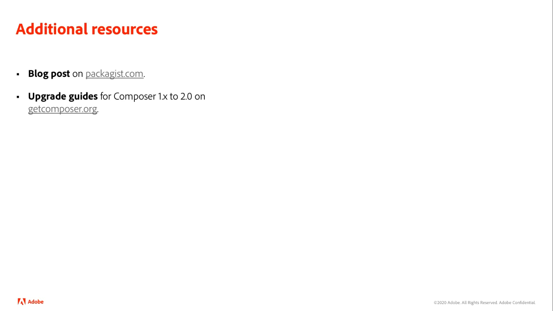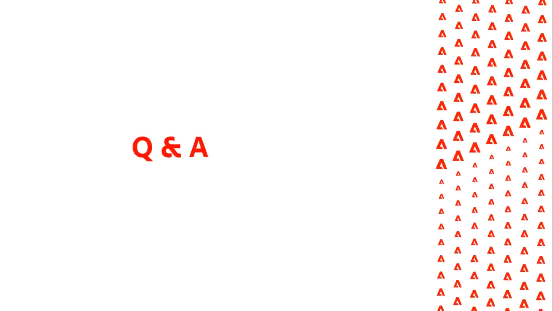If you want to upgrade the plugins that you have for your system or project, you can find two articles about upgrading and the features and everything related to Composer 2, and you can find a lot of existing performance measurements done by different teams related to different projects. And if you have any questions, you can ask. We have a few minutes more, or you can ask me in chat.